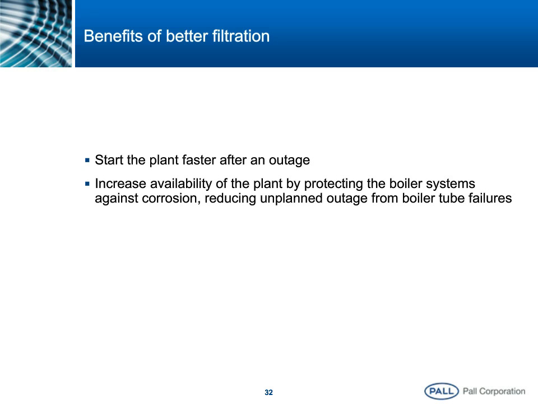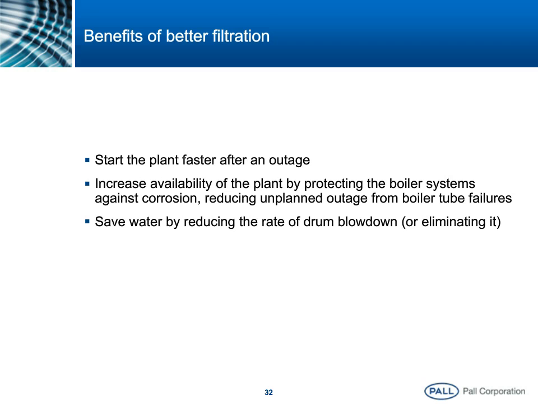It's also used as a way to reduce the rate of drum blowdown, and therefore saving water, reducing waste, or even eliminating blowdown altogether. But because we are placed upstream of the main resin beds, if they are present, you get to increase resin life.